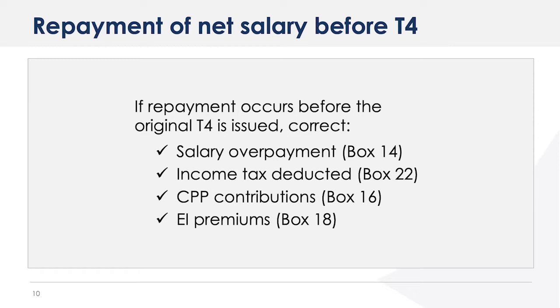This procedure would likely be the case in Lee's accidental overpayment, as she was notified the week after the overpayment took place. Even if the week was the last pay of the year, it is highly unlikely that the employer would have issued her T4 in the first week of January.